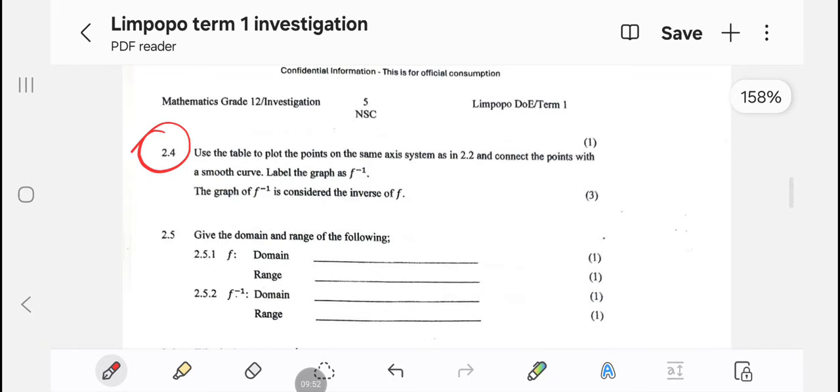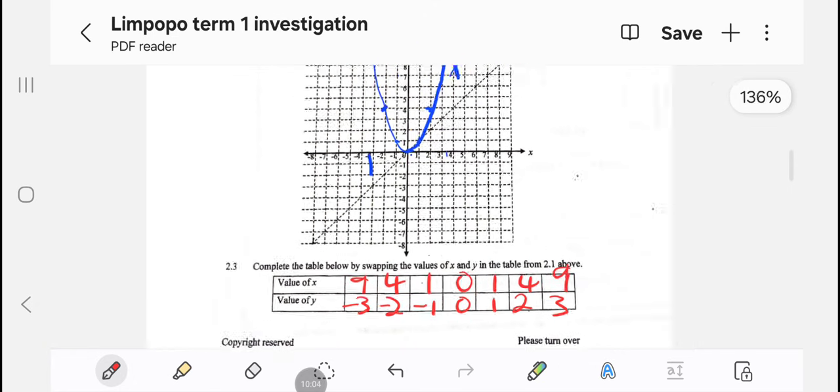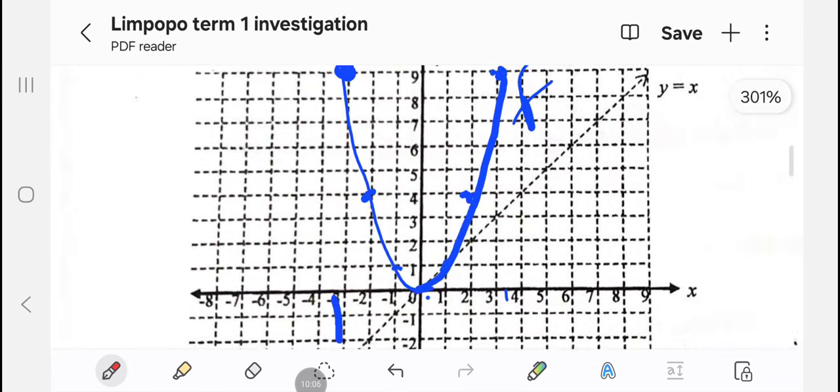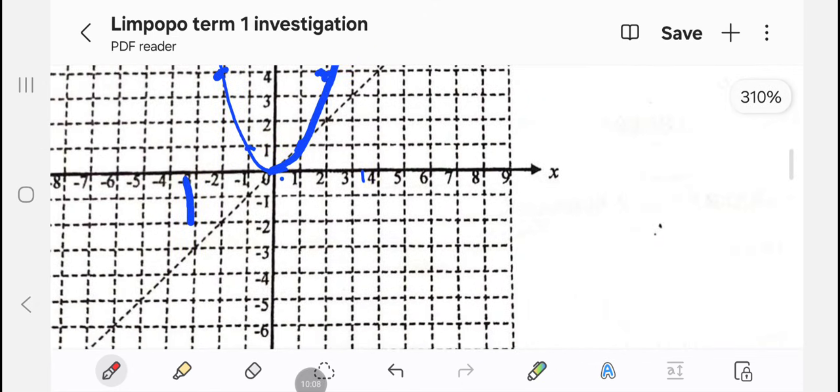2.4. Use the table to plot, and we'll label it as the inverse. So let's label our inverse. Now we have 9 as x, and then we have minus 3 as y, so right there. Then we have 4 as x and minus 2 as y there. Then we have 1 and minus 1 right there.